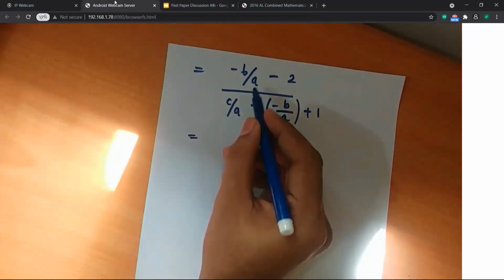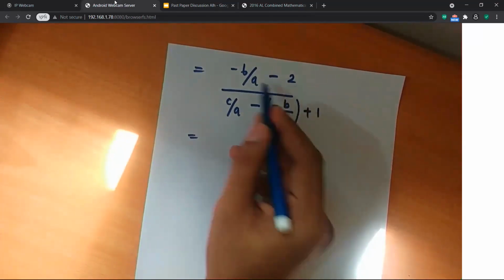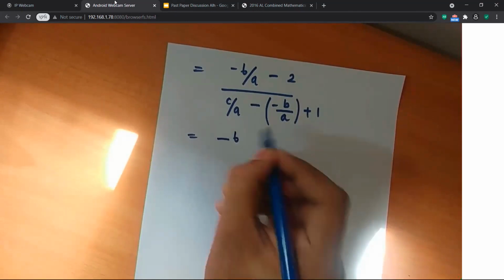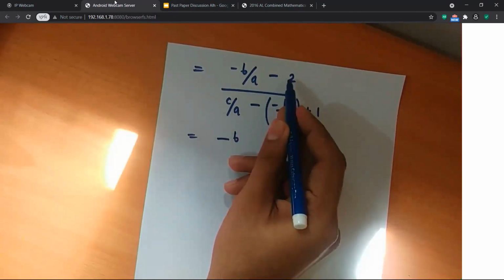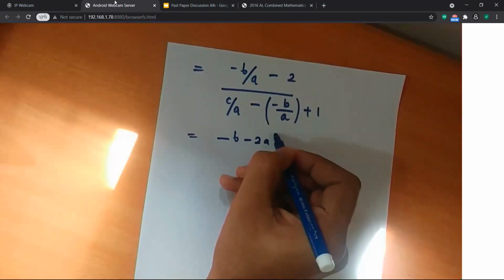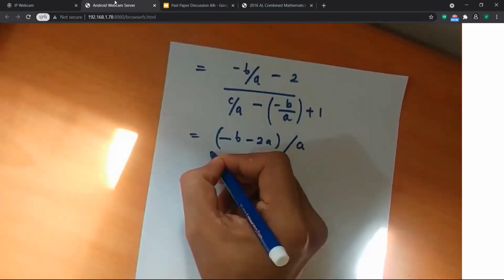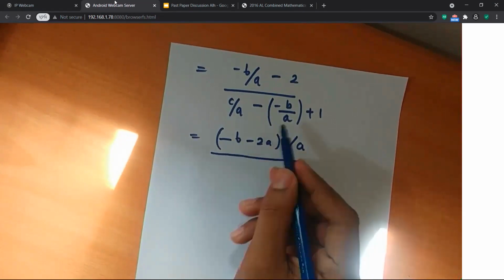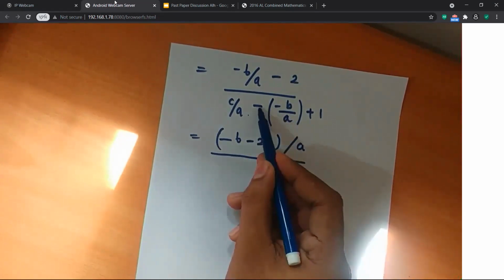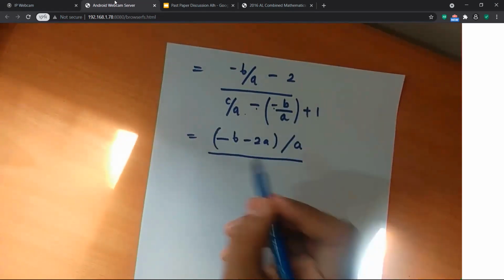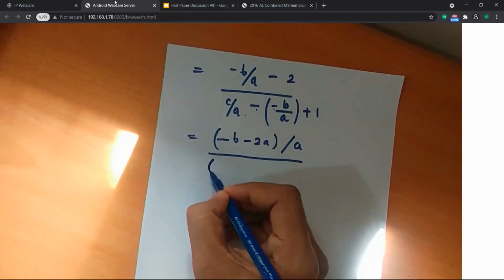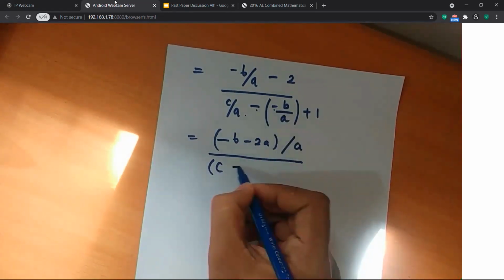Now when you simplify this, we can take a as the common denominator here. So minus b, multiply this by minus 2a, minus 2a, and the whole thing you divide by a, the denominator. Now it's c over a, minus minus becomes plus. Now if you take a as the common denominator again, you get c, minus minus becomes plus b.